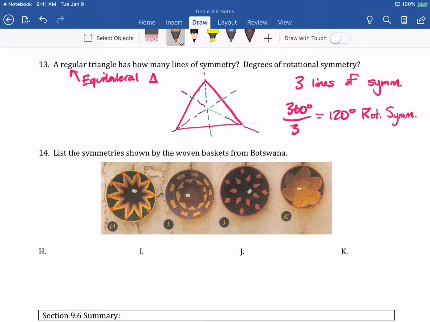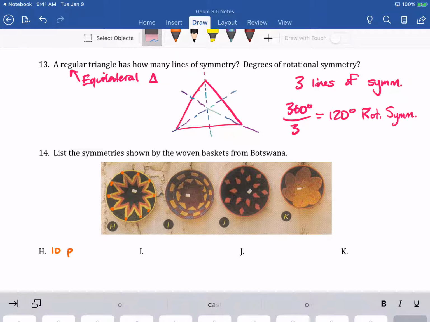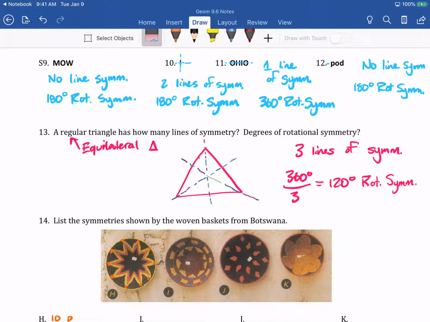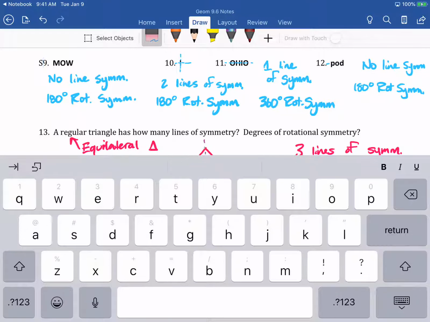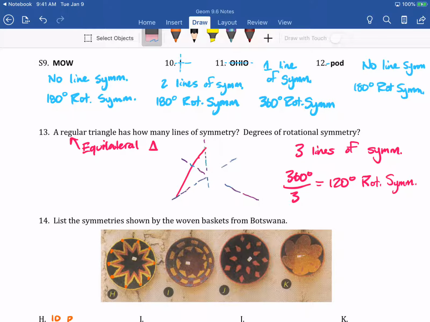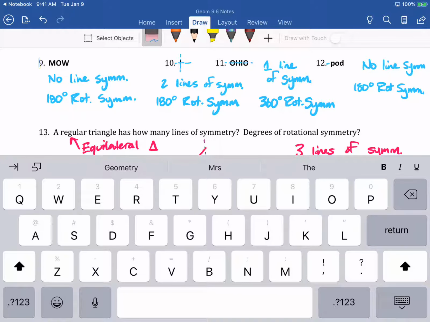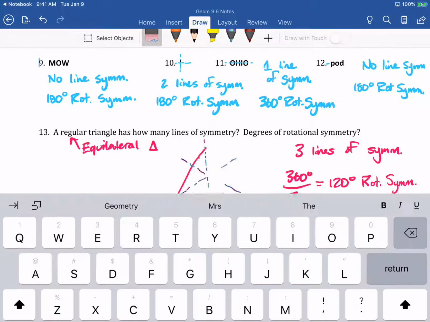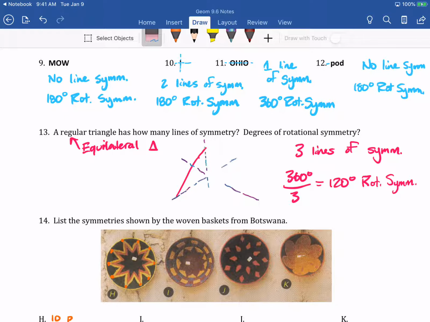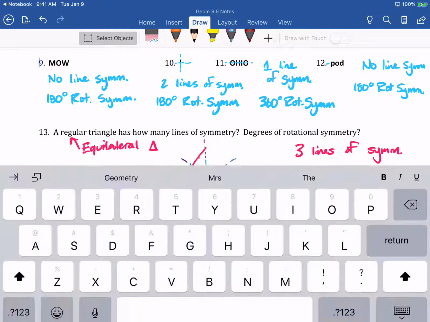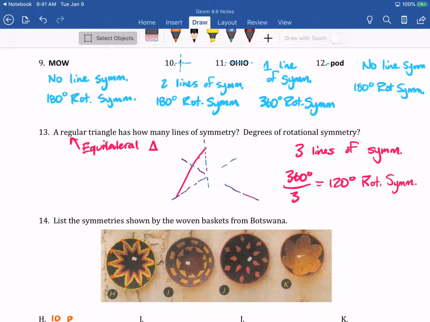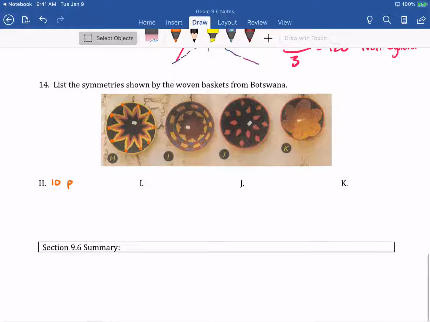So that basket, if we connected all of those points, it would have 10 lines of symmetry. Whoops, I do not want a letter S. Having some user error here. Okay, there we go.